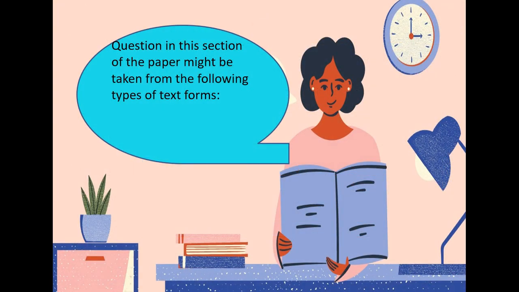Okay, now questions in this section of the paper might be taken from the following types of forms. So what are those types? First one, the most famous one, is of course emails, message, and last but not least, an informal letter.